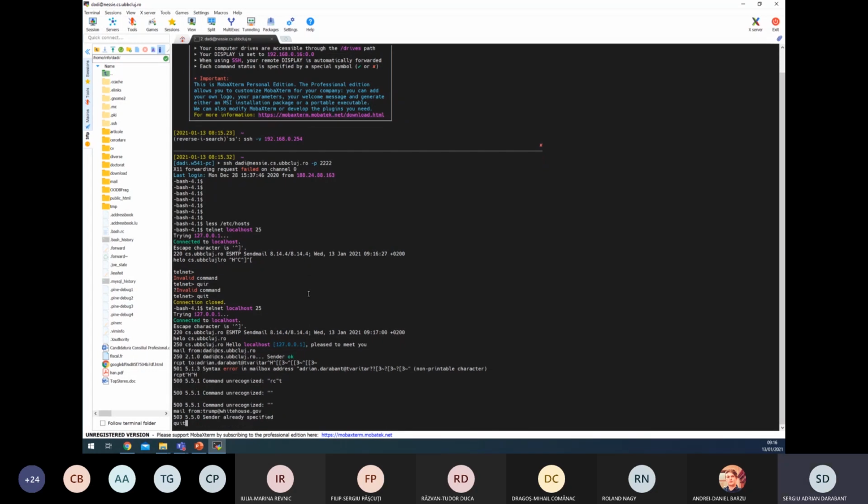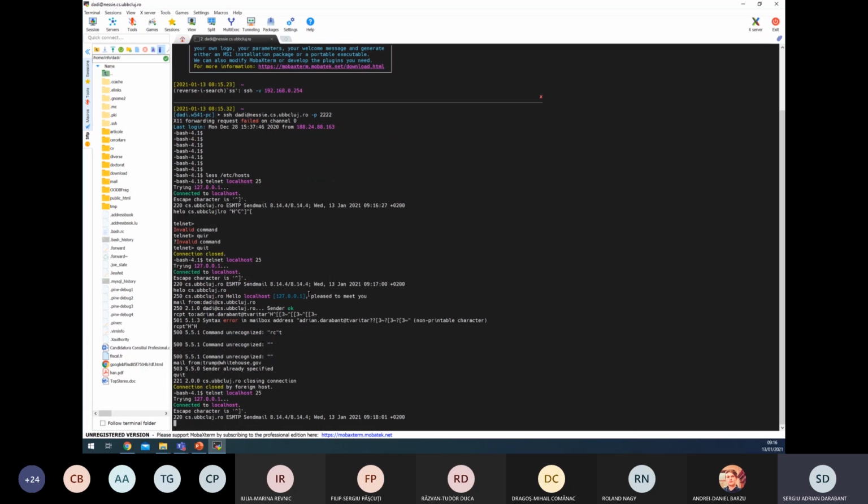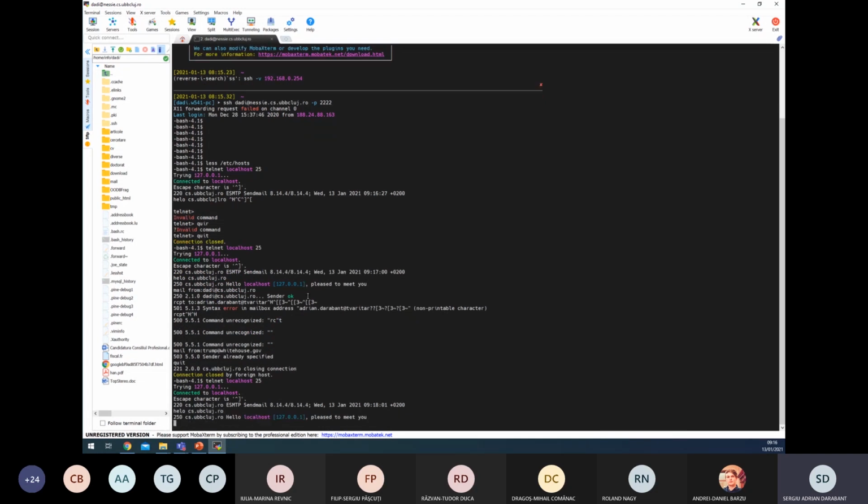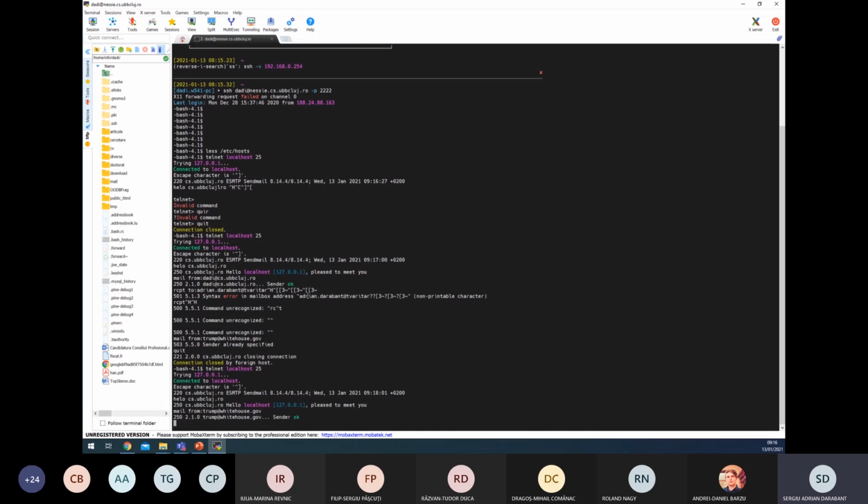Okay, I need to disconnect and do that again. Hello, cs.ubbcluj.ro. Mail from Trump at whitehouse.gov. Recipient to, to see what is possible actually with the email system.